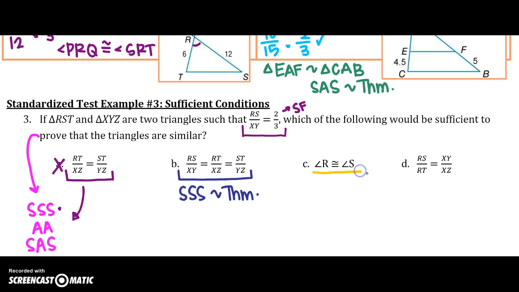I'm only given that one angle is congruent. Again, not enough information to prove it by AA. And then 2 sides are proportional. If I added an angle, that might be, but again, not enough information to prove SAS. So my answer would be B.